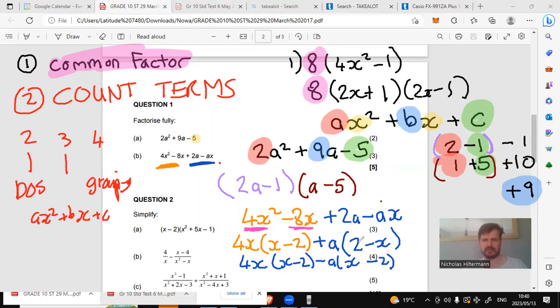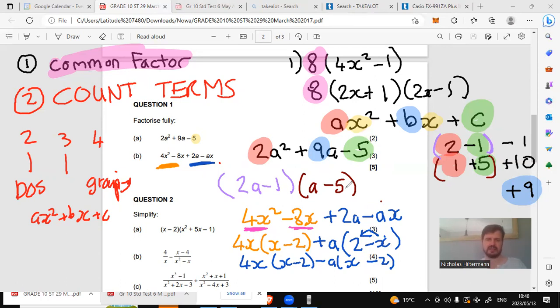If you see 2 minus x and you need to change them around, you simply change the a to minus a, right? Because negative a times x will give you the negative ax, which we've got at the top. And negative a times negative 2 gives me the 2a. So I still get the same thing.